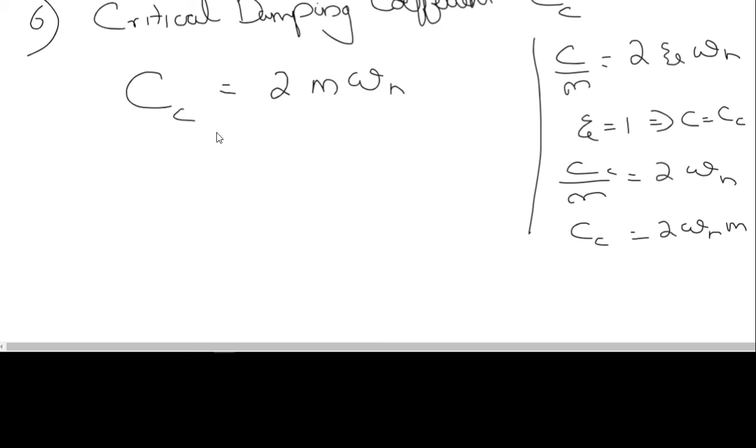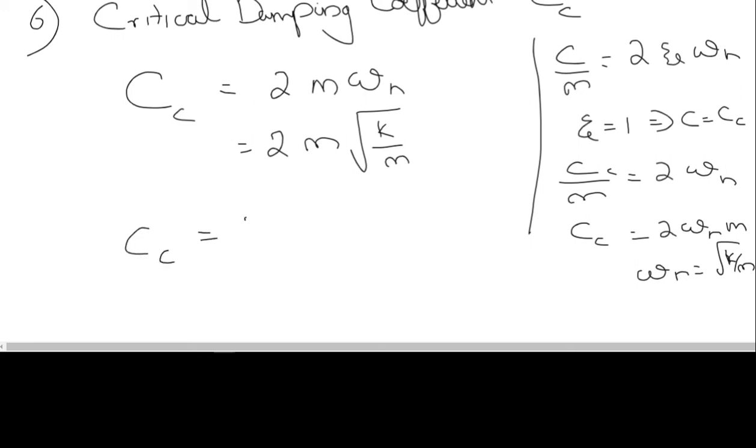And we know omega n is nothing but root of k over m. So if you put in 2 times m times root of k over m, m and root m will get cancelled and we will get Cc is equal to 2 times root of km. This is also one of the equations.